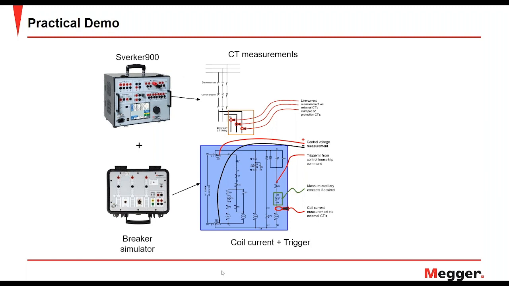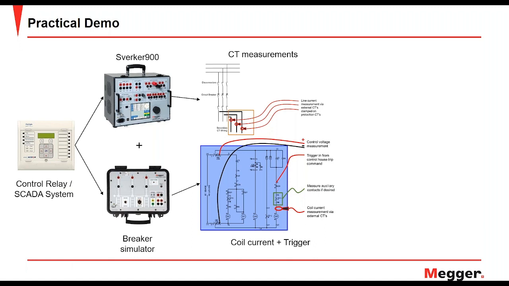Now, these are just for this practical or simulation demo. In real life, you will have a breaker that has a coil and will have CTs connected to your protection system, where you can measure from them.